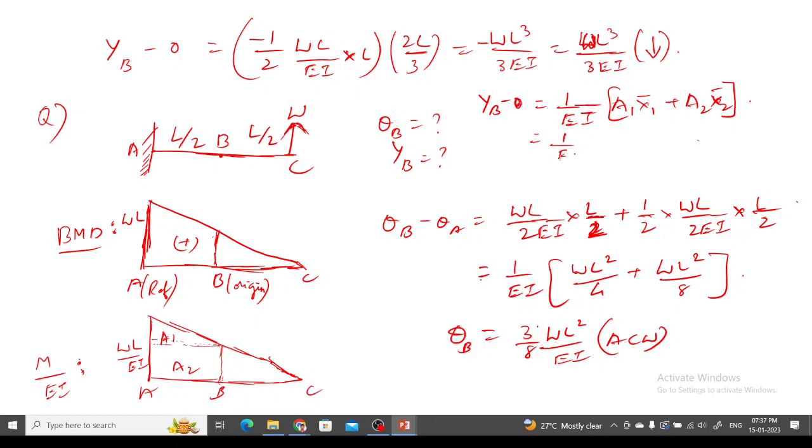A1 will be a triangle, right? So it will be WL square by 8 into the value of X1 from here.